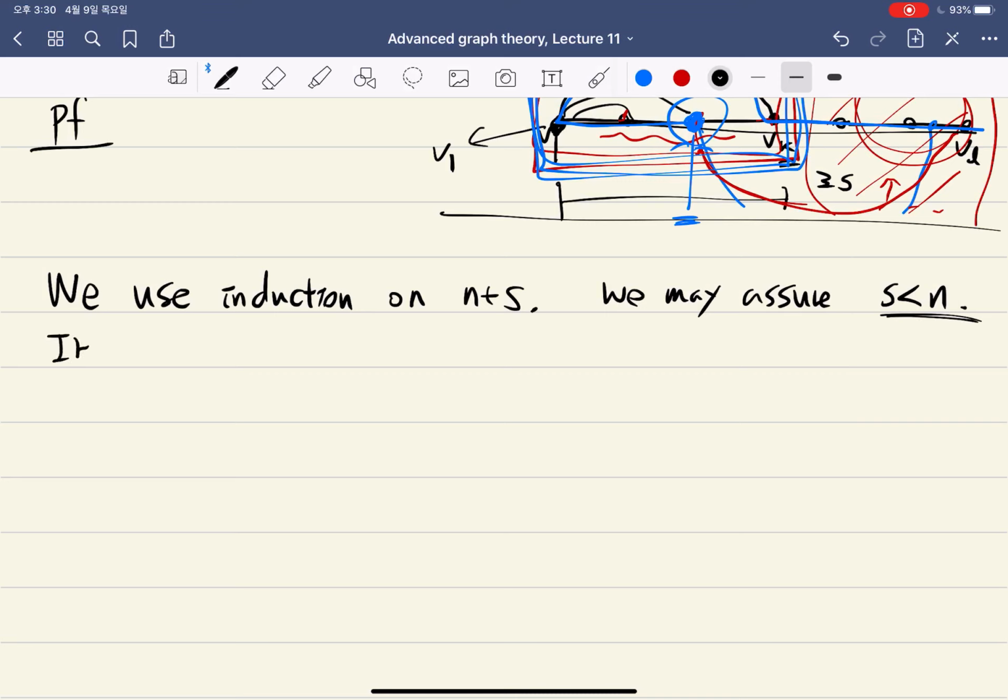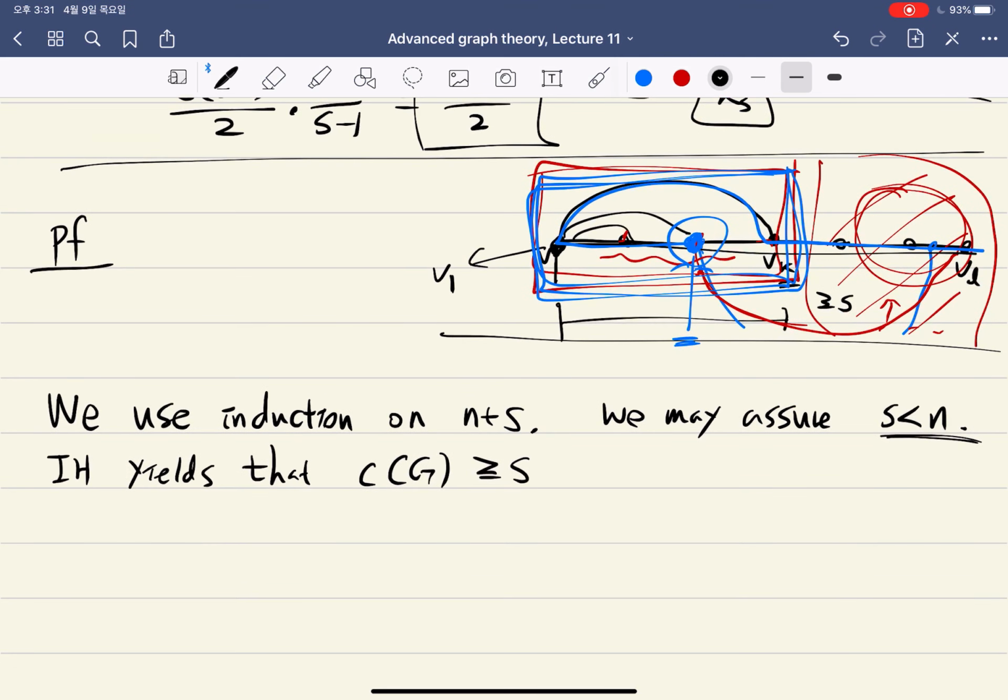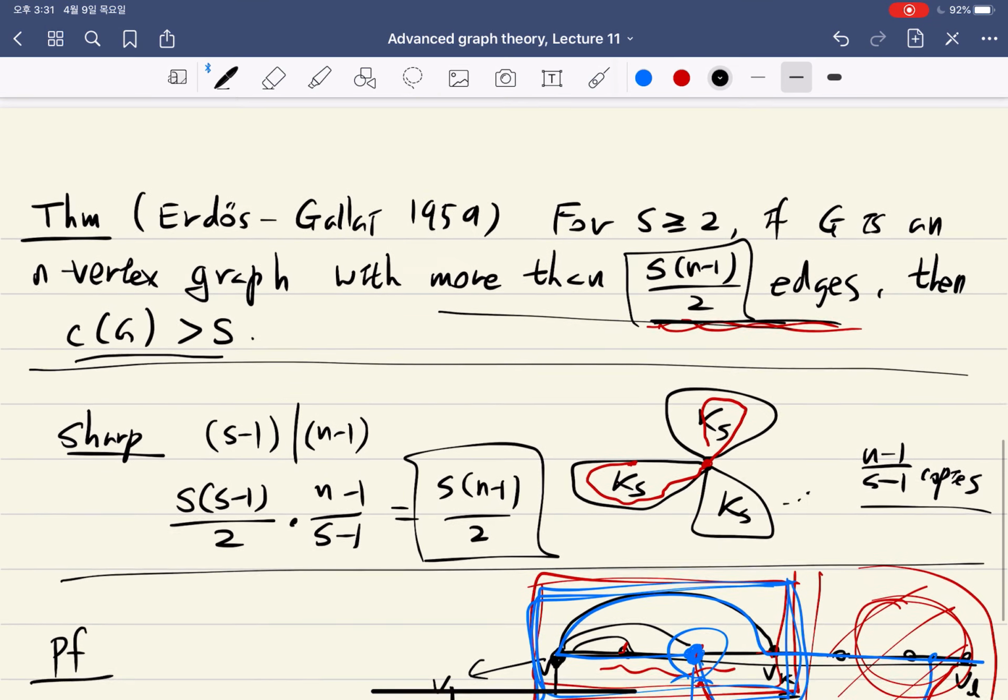The induction hypothesis: we consider the same graph with n, and we consider s minus 1. This is smaller, so we can apply the induction hypothesis.